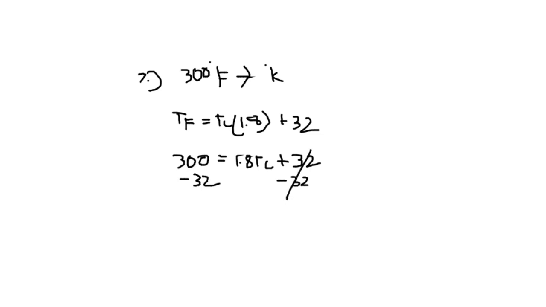So transfer lang natin dyan. And then we have 268 equals 1.8 times temperature in Celsius. So divide natin both sides by 1.8. So we will get, let's just approximate this value, 149 degrees Celsius.